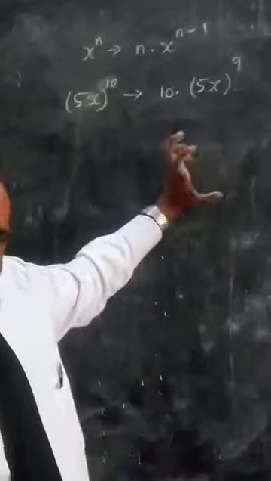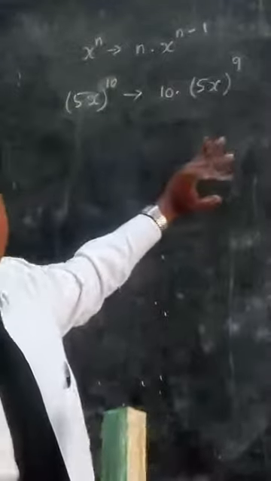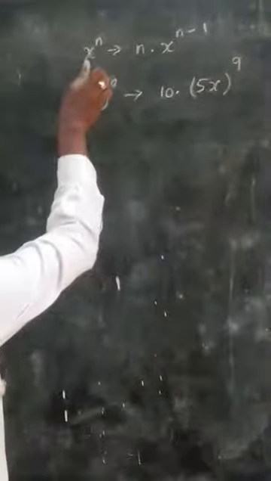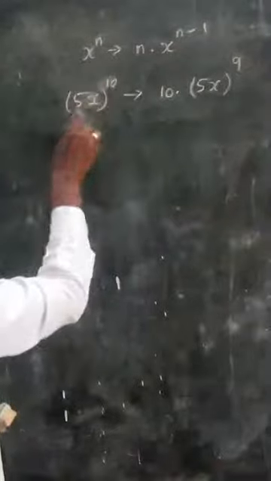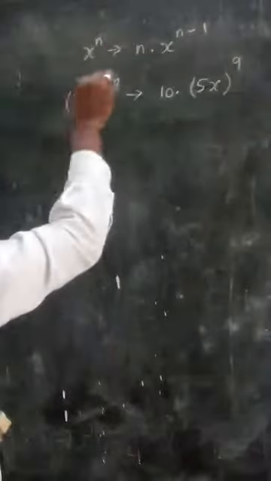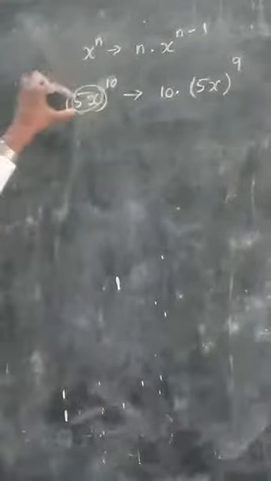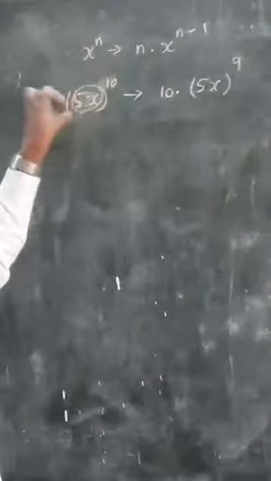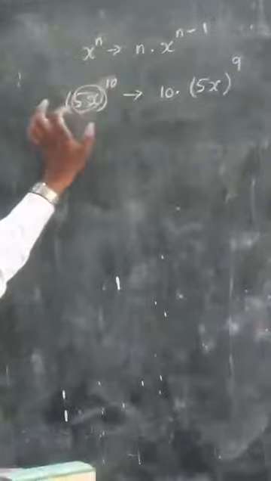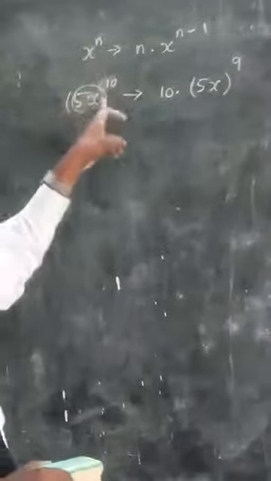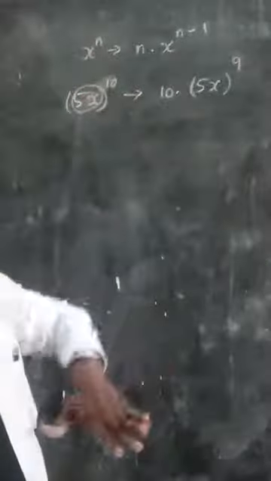What is missing here? Why is this answer not correct? The only thing is, in the formula we have x power n, but here in place of x we have some other term, 5x. If that is the case, just applying the formula alone is not enough.